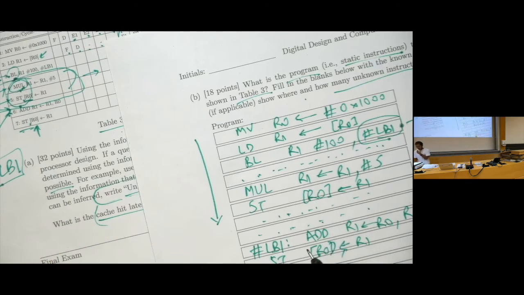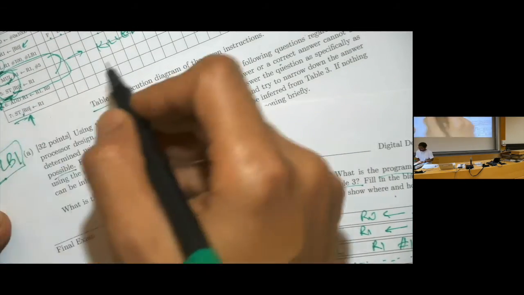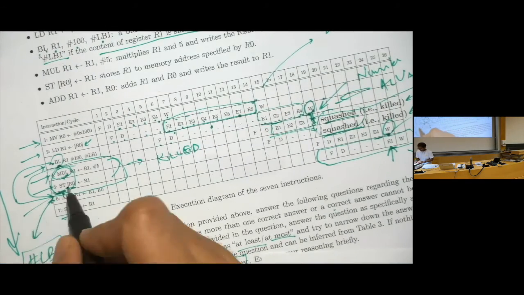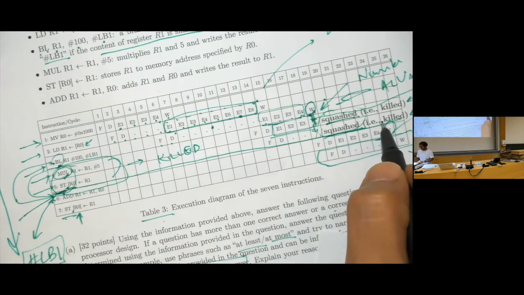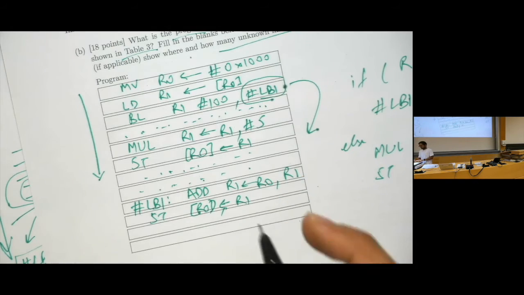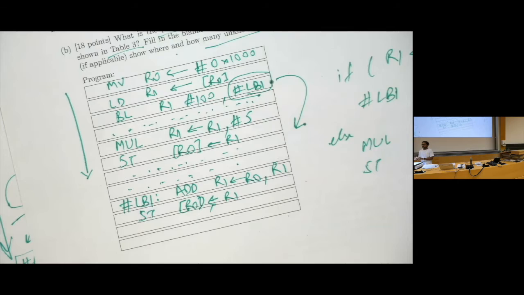It might be possible that there were some more instructions here which did not enter the pipeline. Some more instructions here at this point which did not enter the pipeline. And yeah, we just don't know. So it's okay if you don't put this, but this is the best guess that we can make for what happened.